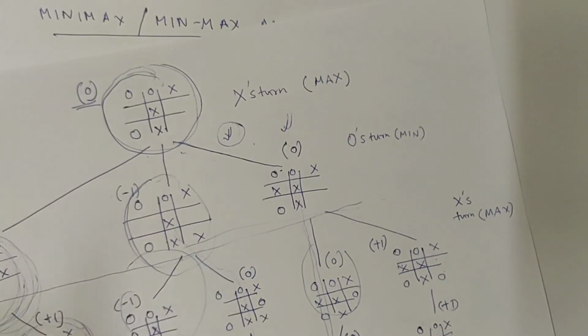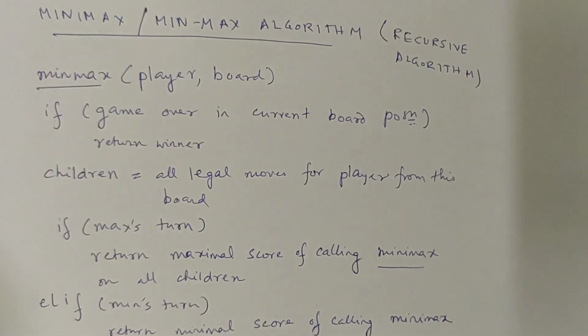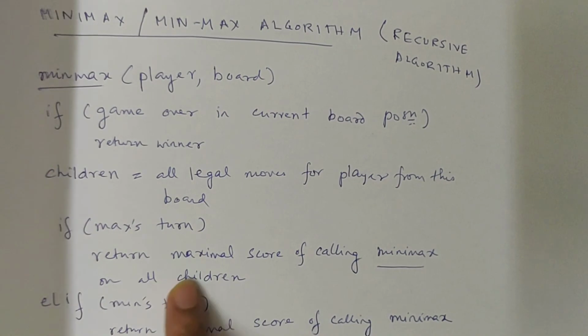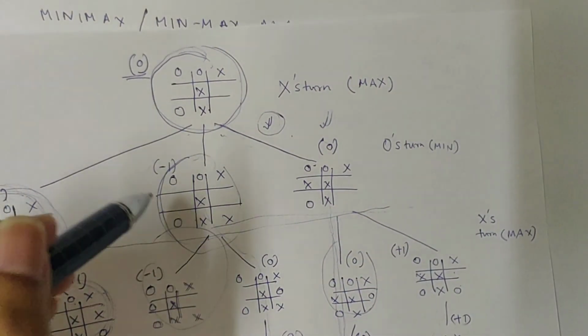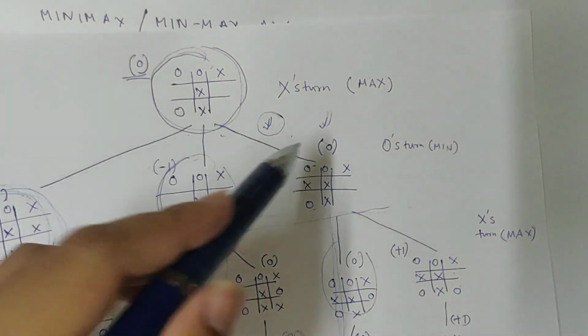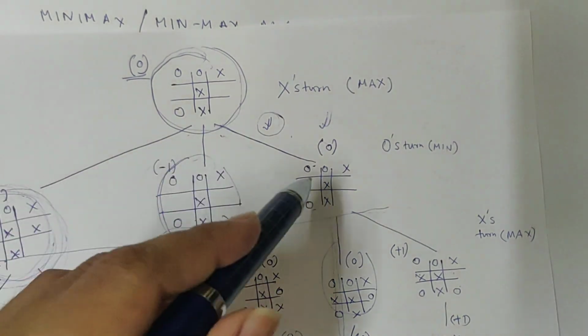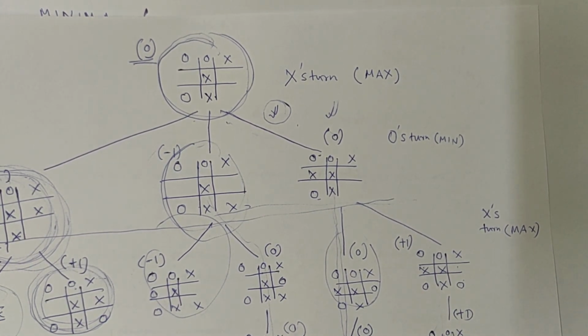And then I started with this: if this is Max's turn, return the maximal score of calling minimax on all children. By that time I will be getting all the scores of Max's children. I will be returning the maximal score, which is 0. This is where the program stops. So this is how recursion works, and this is how the minimax algorithm works. I hope you have understood it.